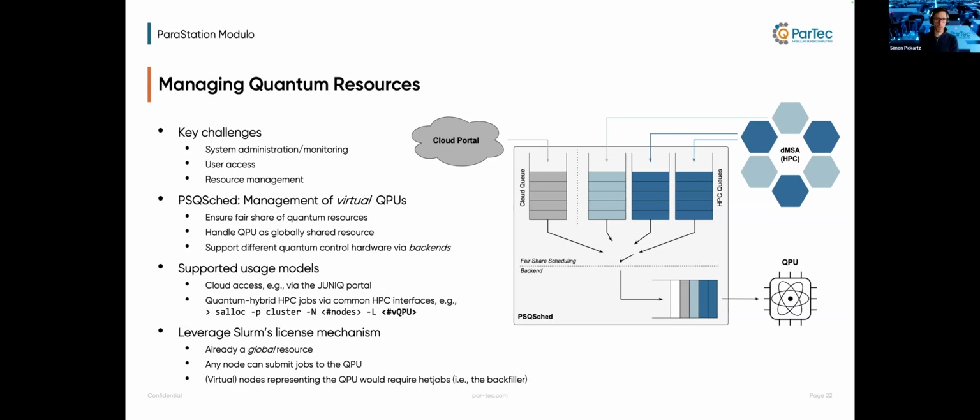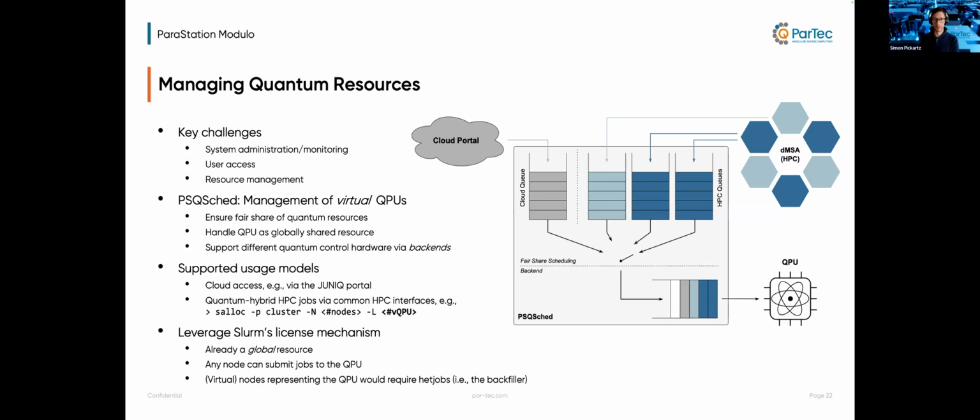But on the other hand, we also want to support with this solution the classical quantum approach, meaning that people are still able to submit jobs via a cloud portal, where you do not have any timing guarantees when your request will be fulfilled. And therefore, we dedicate an additional cloud queue, which is then also served by our solution, the so-called PSQ-Sched, our backend scheduler.